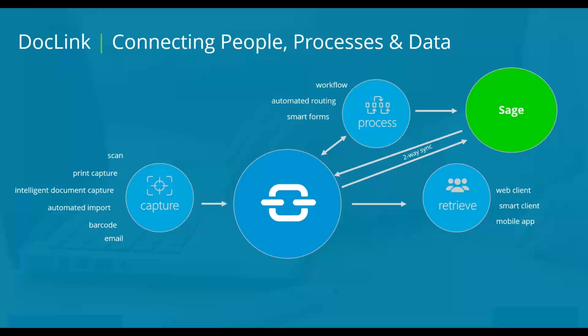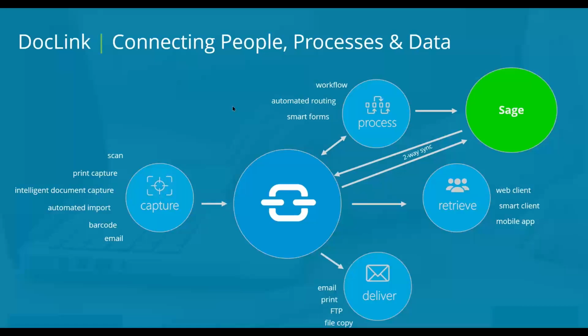They will need to retrieve documents, whether it's for field service or for maintenance or whatever the purpose might be. But some of those employees should not have access to your ERP system. So we can provide the power of DocLink to them while keeping them outside of your ERP system and still allow them to access the documents, access the information, and make the decisions that they need to make because they have access to that information.